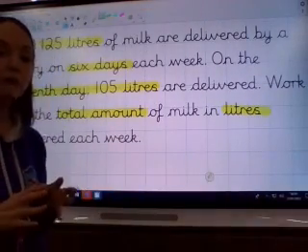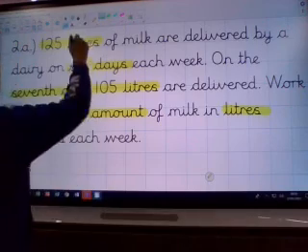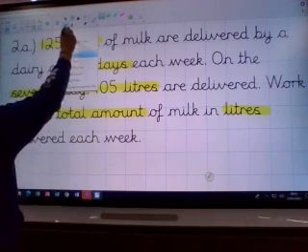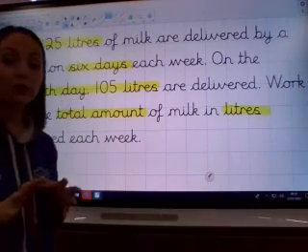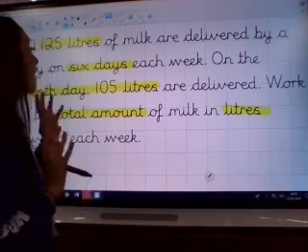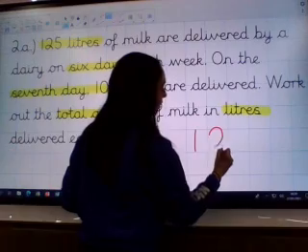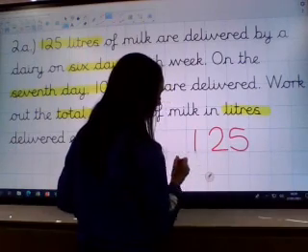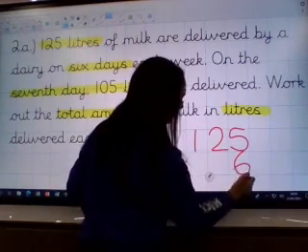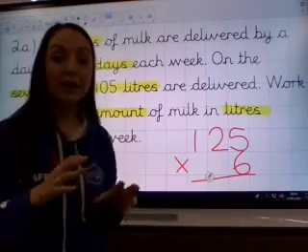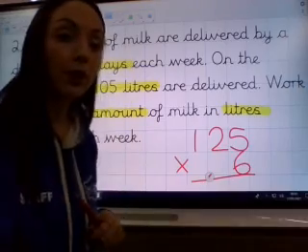Okay, so I've highlighted all of my keywords. So all you need to do for this one, you might already have figured it out. If you have, then brilliant, you can crack on with it. If you haven't, then you need to do 125 times 6, and you can do your short multiplication method for that, can't you? So you do that on a piece of paper somewhere, or you could use your purple book.